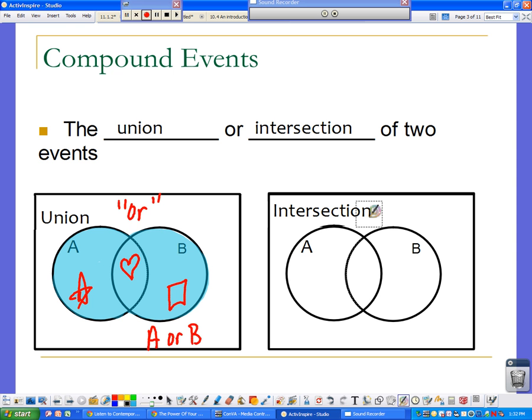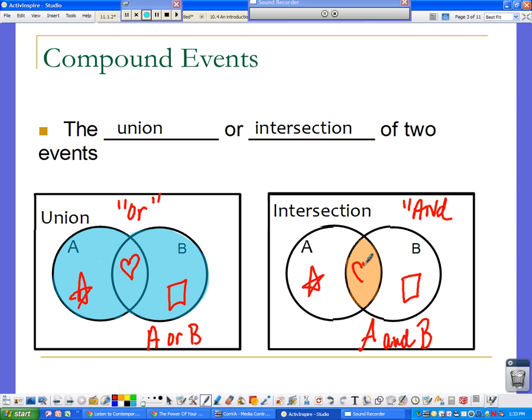The next one is the intersection, and the intersection is basically, it's going to have to be in both of them. So again, the star is not included, and this is where our "and" comes into play. So if I wanted something that was in A and B, then the star wouldn't be included because it's only included in A. If I wanted B, well, in this case, the square is only in B. It's not in both of them.